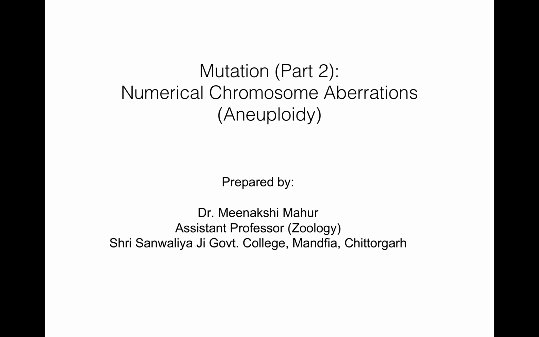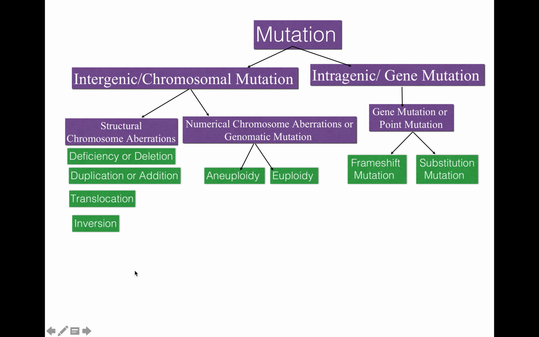Today my topic is mutation. It is part 2, in which I will discuss numerical chromosome aberrations, and in this part I will discuss mainly aneuploidy. So it is just a revision. Mutation is of two types, intergenic and intragenic. That is, intergenic means chromosomal mutation and intragenic means gene mutation.